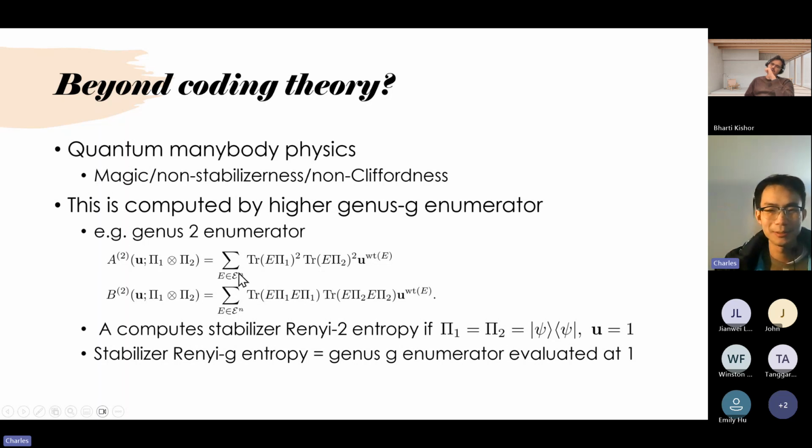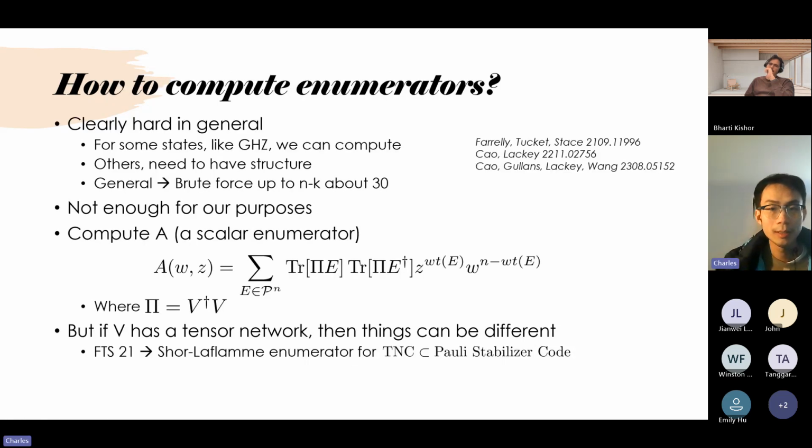I'm not going to go into the details, but if you work through the expression, you can figure out that the genus G enumerator evaluated at a special point, U equals 1, is actually just the Renyi G stabilizer entropy that people have been using to compute magic in quantum many-body systems.